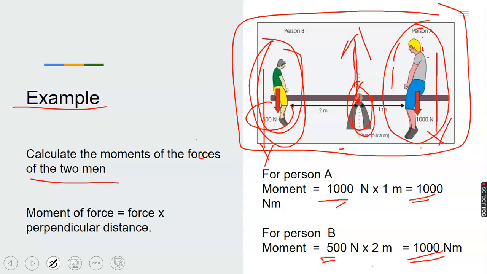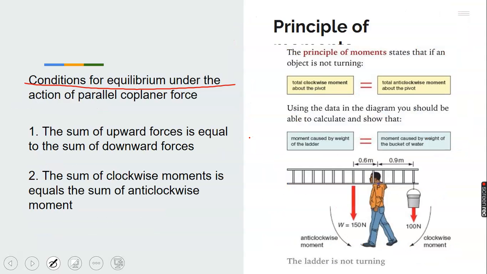That means if you have 500 and 1000 facing downward, that is, you have 1500 forces facing downward, then what is facing up must also be 1500. We say the sum of upward forces is equal to the sum of downward forces.